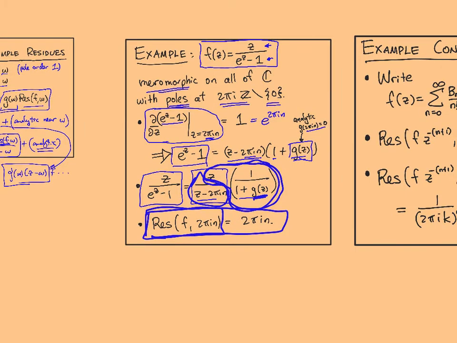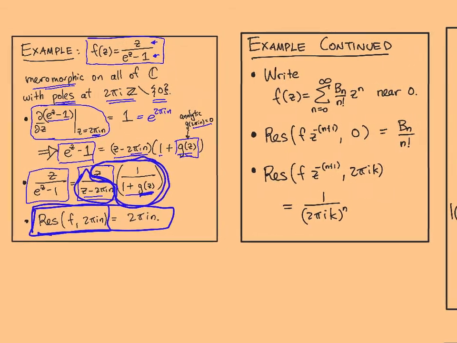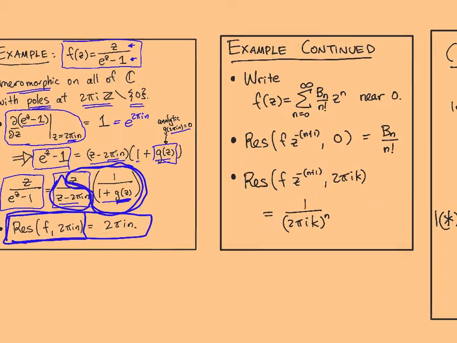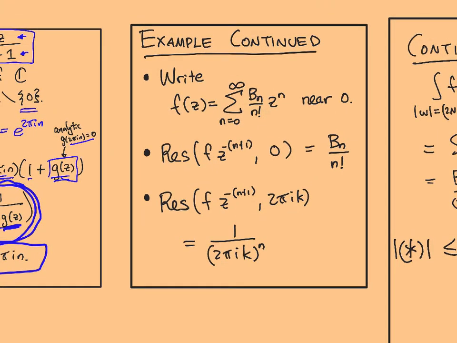Okay, let's push this a little farther. We can use residues to actually compute the power series coefficients as follows. So again, we're going to write our function f as a power series, and it's customary to write it as b_n over n factorial because the b_n's are called the Bernoulli numbers.